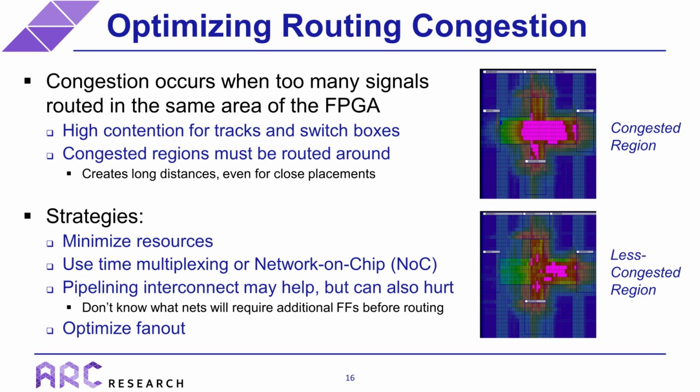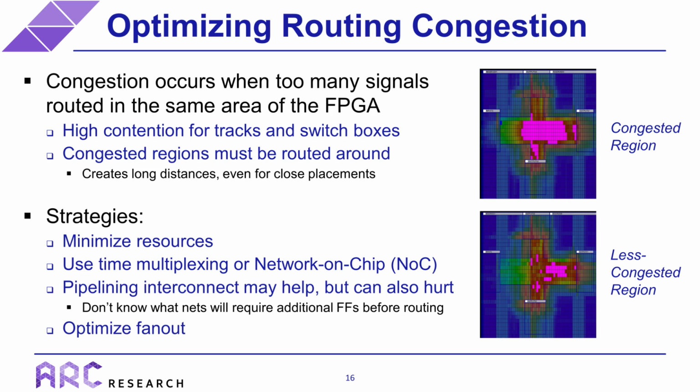The first is one we saw before, which is to reduce resources as much as possible. With fewer resources, or fewer connections between resources, there is less to route and potentially less routing congestion. Another general strategy that we also saw before was to use time multiplexing, but in this case, we'd be using time multiplexed communication, or even something like a network on chip.